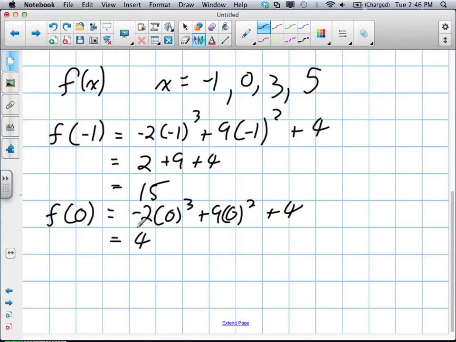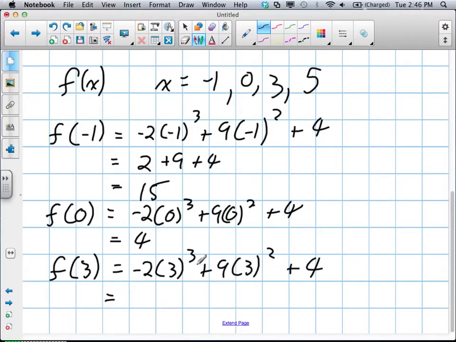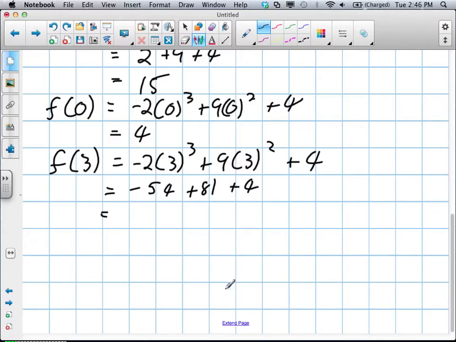All right, so we know that's not a maximum. Maybe it's a minimum. f of 3 was another coordinate: negative 2 times 3 cubed, plus 9 times 3 squared, plus 4. 3 cubed is 27, times negative 2 is negative 54. 3 squared is 9, times 9 is 81, plus 4. That gives us 31.